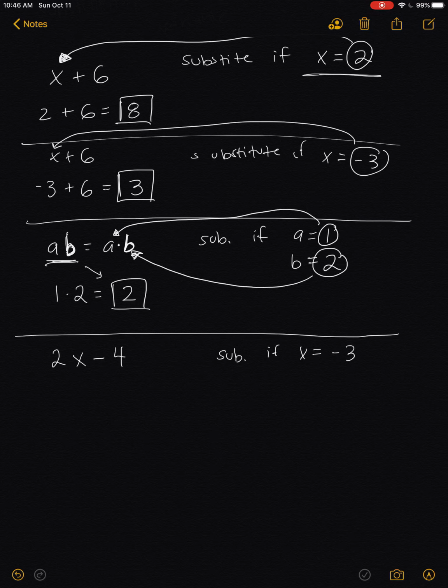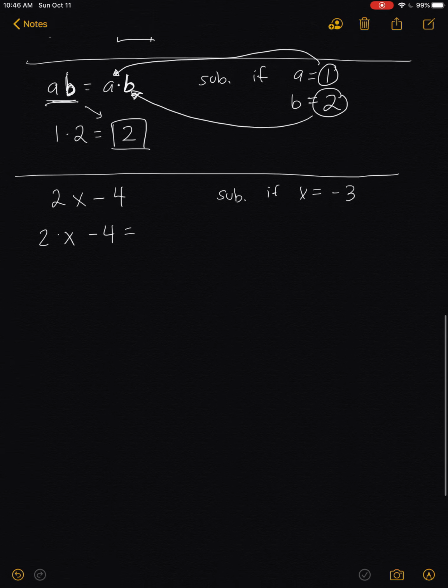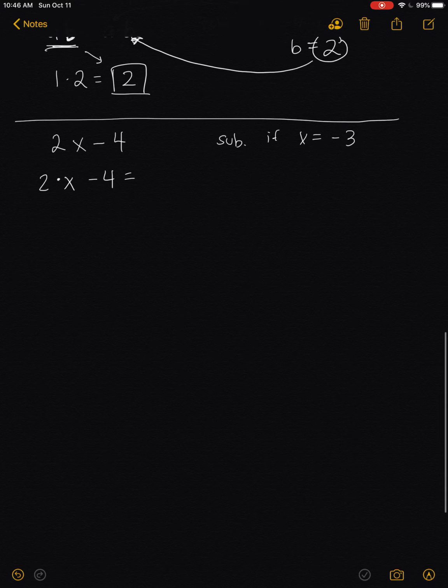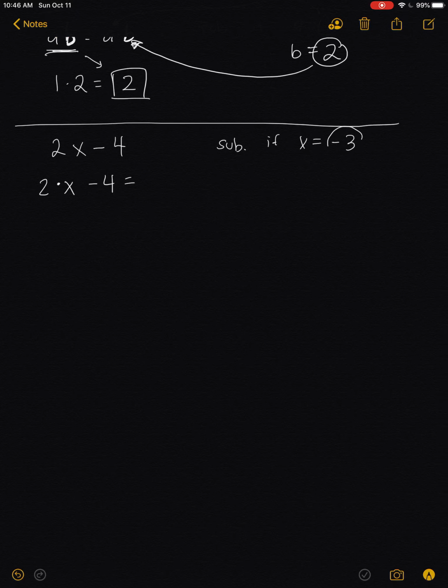Okay, so then if you remember, what is 2x? It's 2 times x minus 4, right? And you don't have to rewrite it like that. I like to break it down in as many steps as possible for you all. But you don't have to write all these steps in your work. Right, and then x is -3.